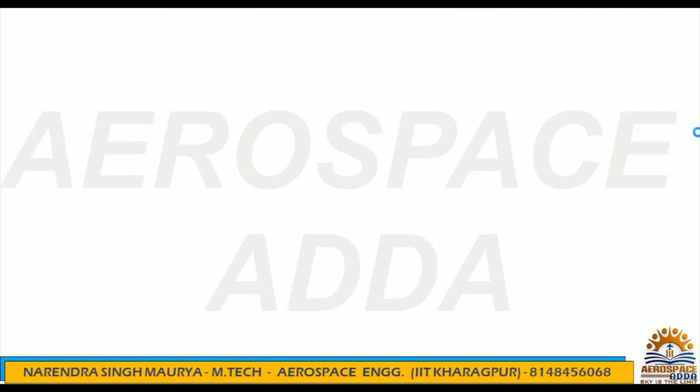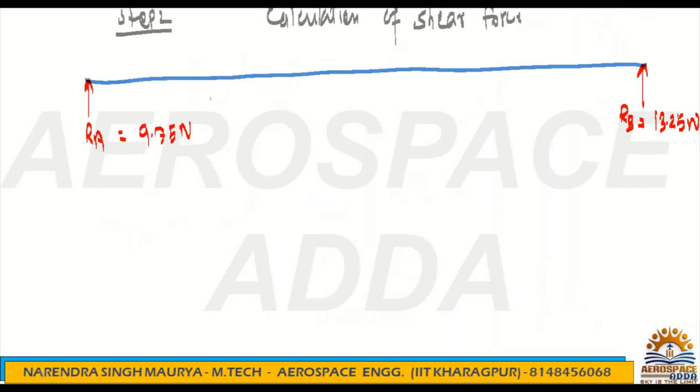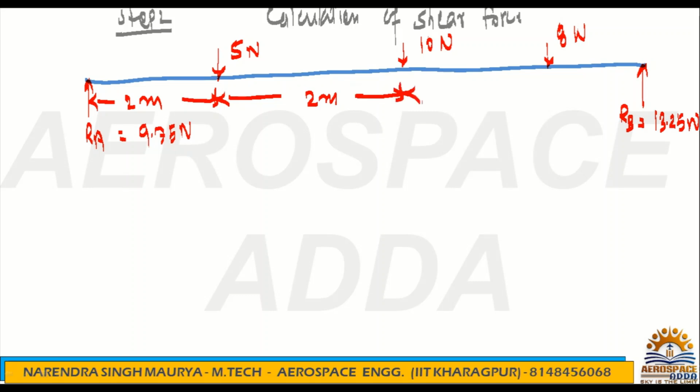Then the loads, nothing but 5, 10, 8. So this is 5 Newton, 10 Newton and 8 Newton. And always make a practice to write the distances: 2 meter, 3 meter, 1 meter.